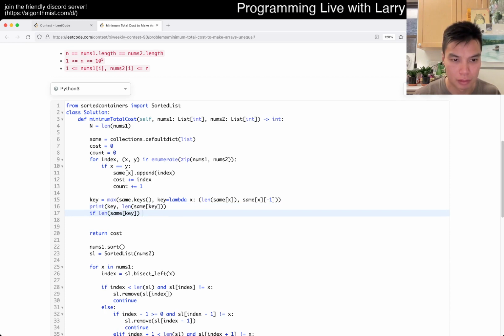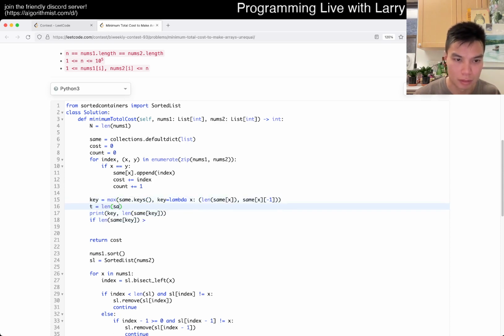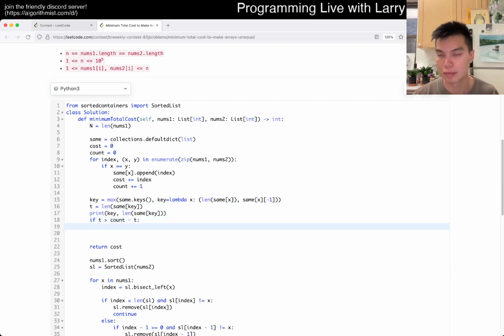Is greater than T. Needed is equal to cow minus t minus t minus cow minus t.